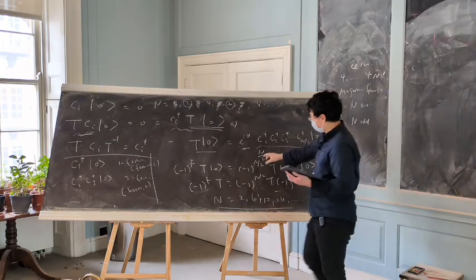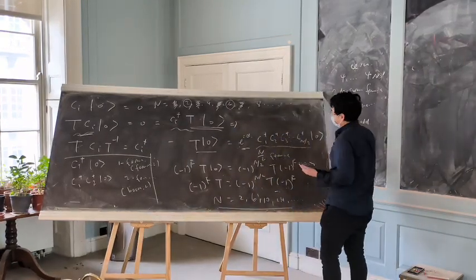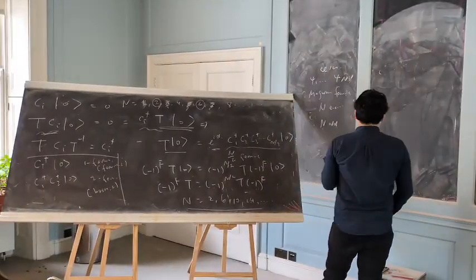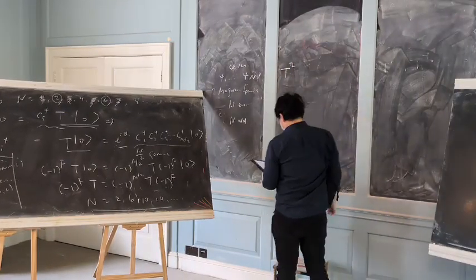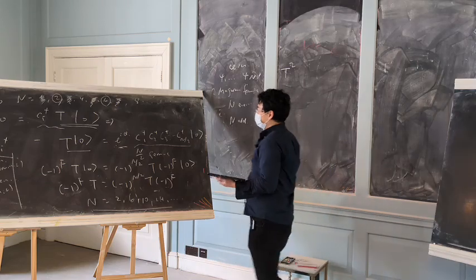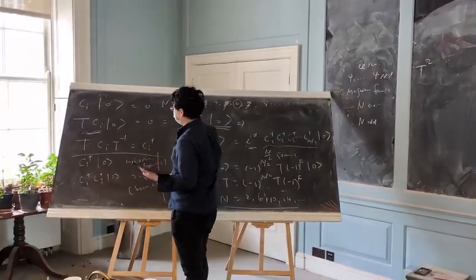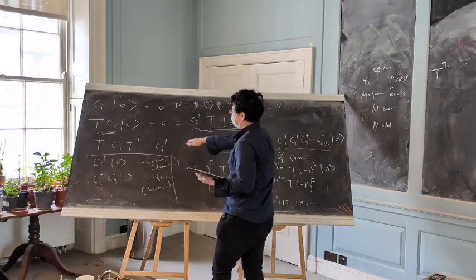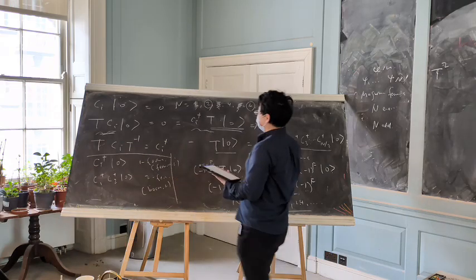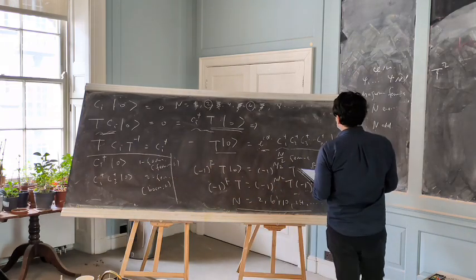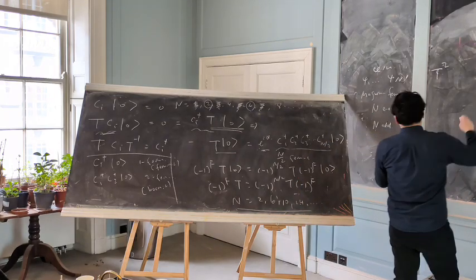Okay, so here I told you the action of T on the states in your Hilbert space. Now I'm going to perform T twice. I'm going to compute T squared. If you look at the definition of the action of T, you can realize that T exchanges the creation operator with the annihilation operator. So at the level of operators, if you do it twice, you just go back to the original thing.